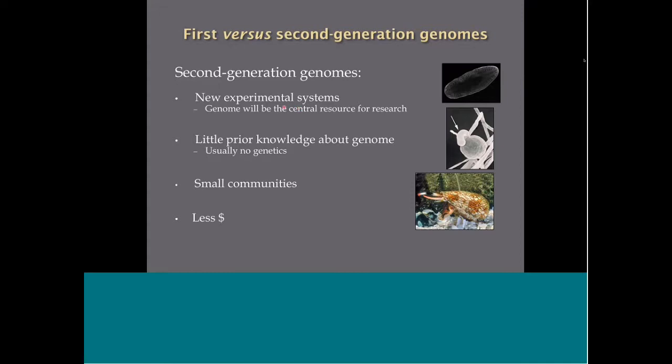These are organisms being studied by very small groups. They don't have the large numbers or resources to be able to undertake manual curation or annotation or try and build the large gene sets that these first generation genome projects were able to use to highly optimize the ab initio gene predictors.